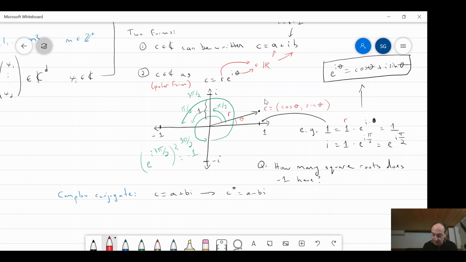Note the minus sign, of course. And in polar form, it's also just as nice. If I had c equals r e to the i theta, then this gets mapped to c star equals r e to, well, think about it for a second.